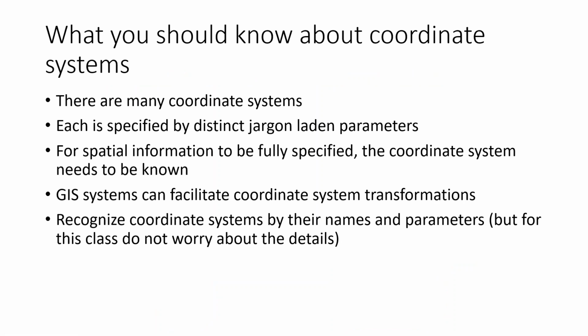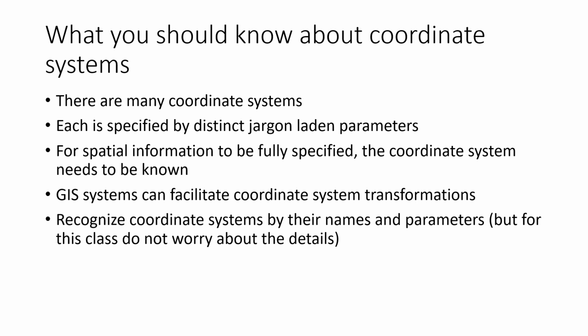I don't want to get too bogged down in coordinate systems given the time available, and given that ArcGIS actually takes care of a lot of it for you. So what you really should know about coordinate systems is that there are many. Each is specified by distinct, pretty jargon-laden parameters.